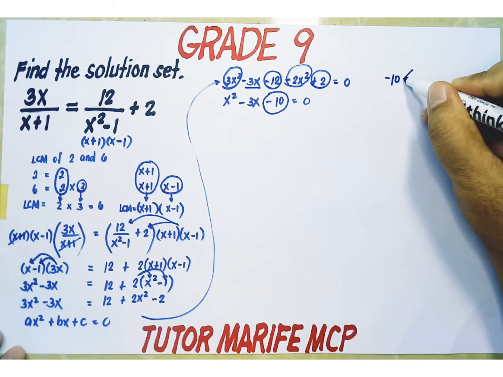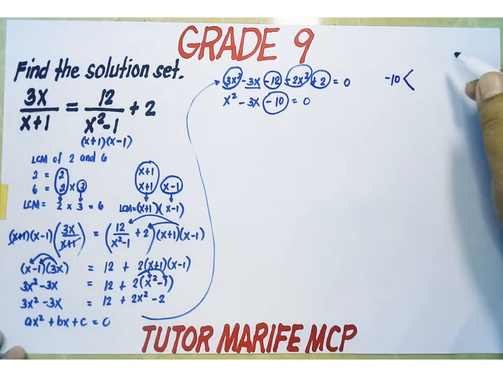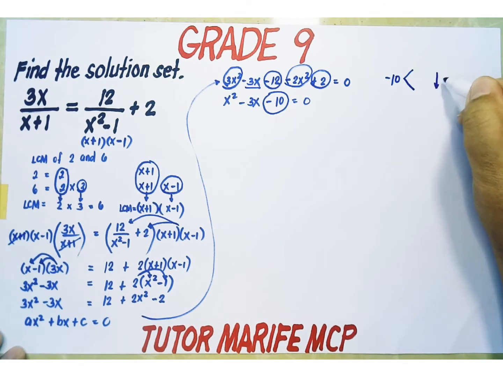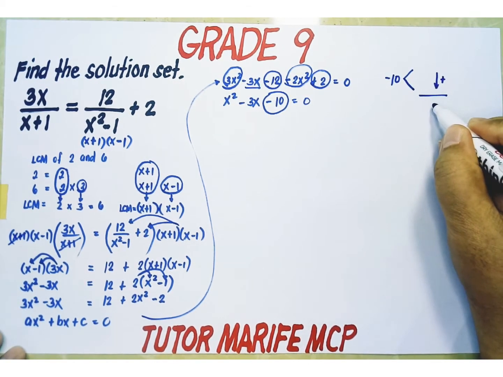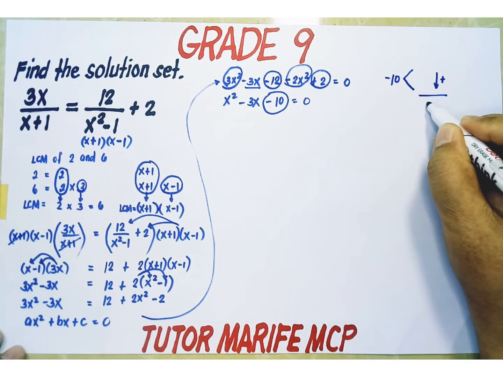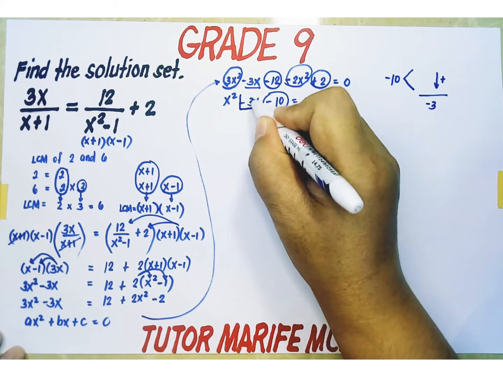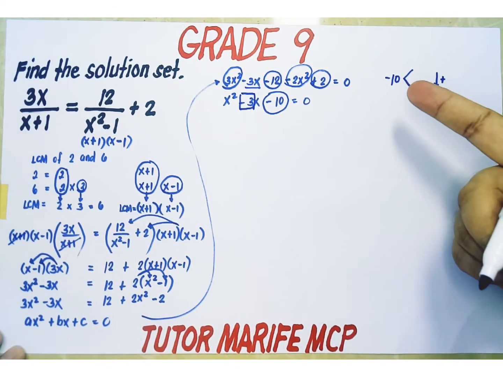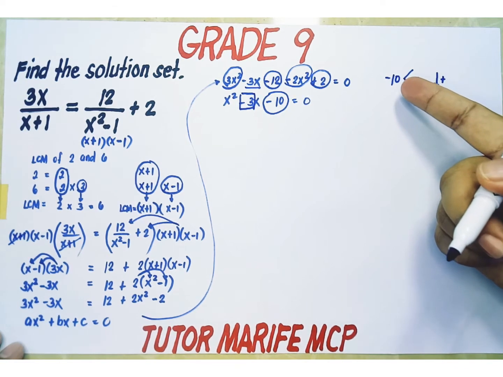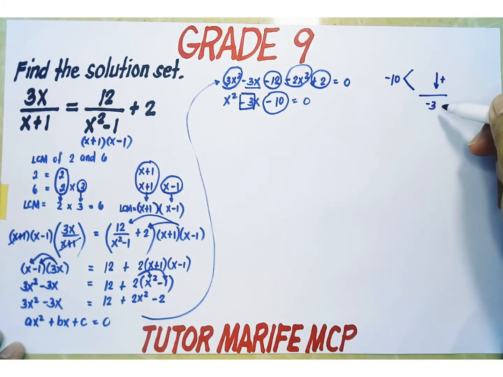Think of factors of negative 10 that when added up, it gives a sum that is the same as the numerical coefficient of x. So, what factor pair of negative 10 adds up to negative 3?